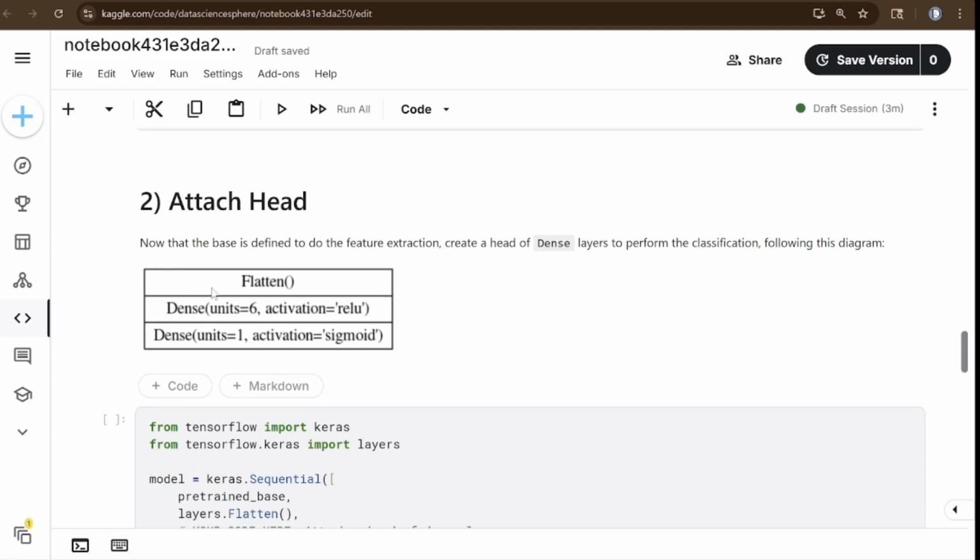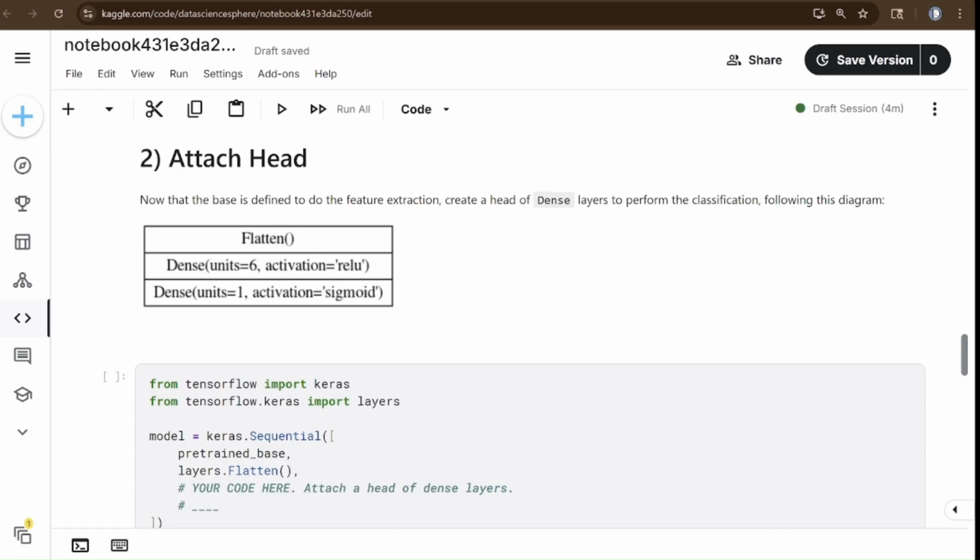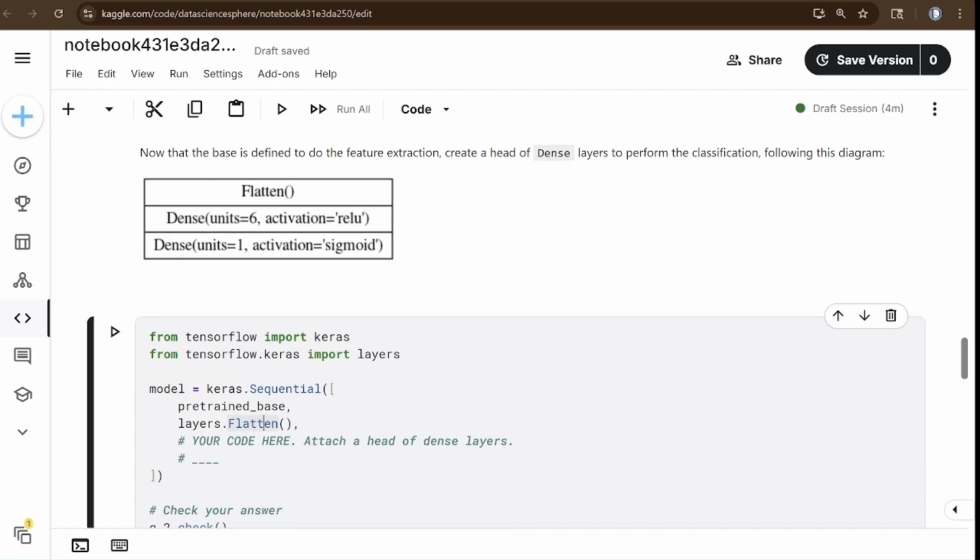Okay, now see, this is what the head structure will reflect. Now that the base is defined to do the feature extraction, you have to create the head so that it can classify, right? Now see, you have to write your code here. First you have to do flatten, that is already done. Now you have to do a dense layer, units 6, activation ReLU.